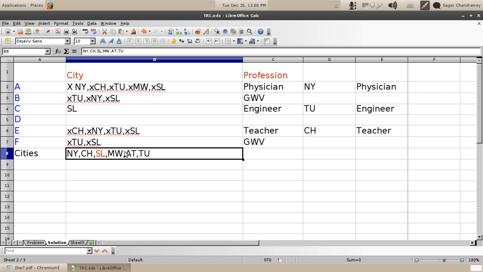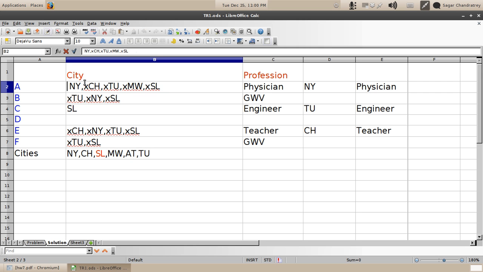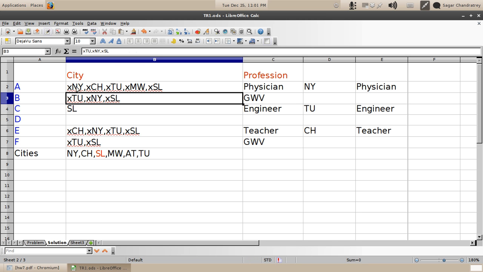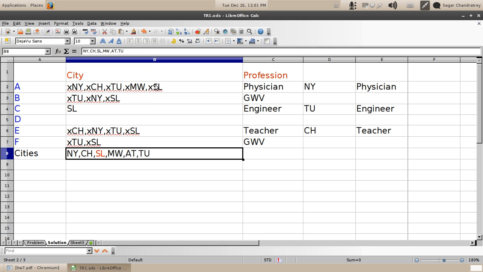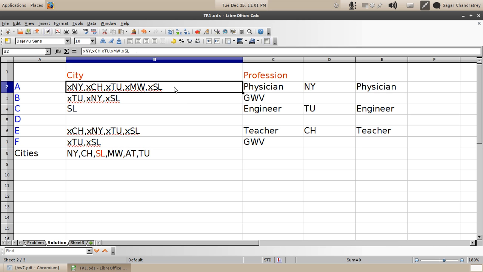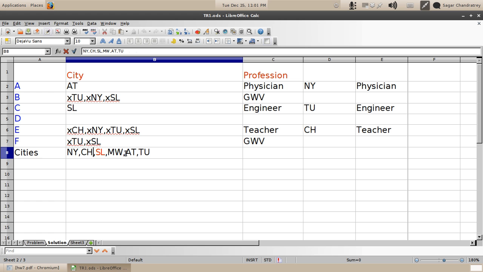Now, as you can see here, the next person who has maximum information is A. So A: 1, 2, 3, 4, 5. He is not from these 5 cities. Therefore, he has to be from one of the remaining cities. What city should A be from? If you compare the crosses for A and the cities which are available, the only option that remains for A is Atlanta. So we'll put AT in front of A, and then we'll color AT in red.